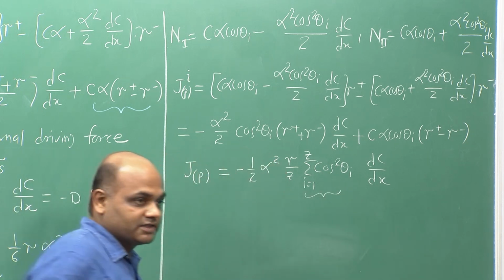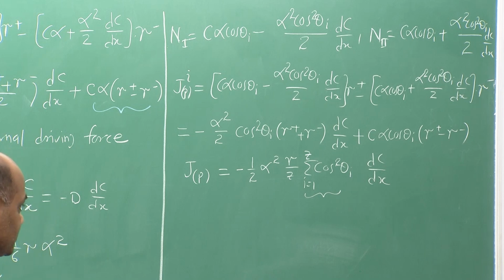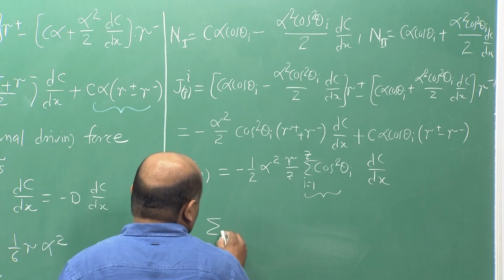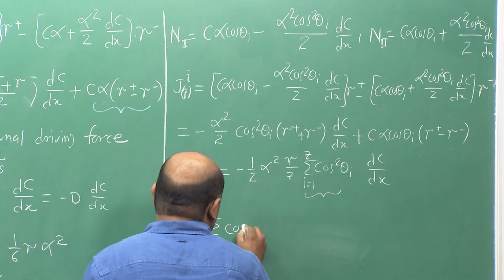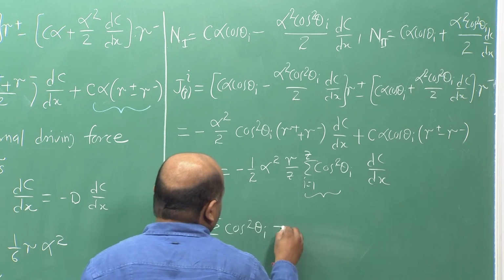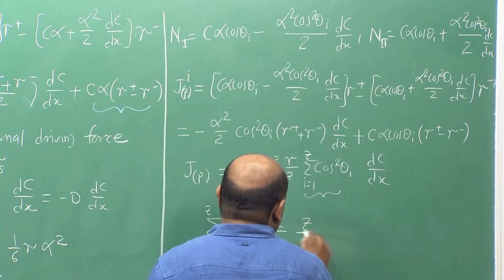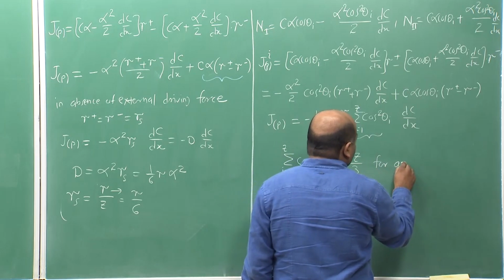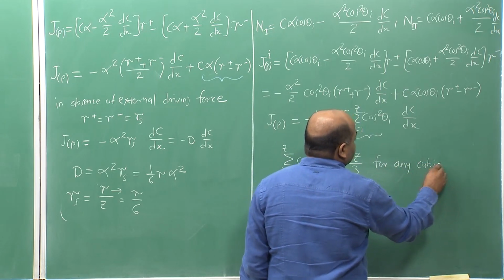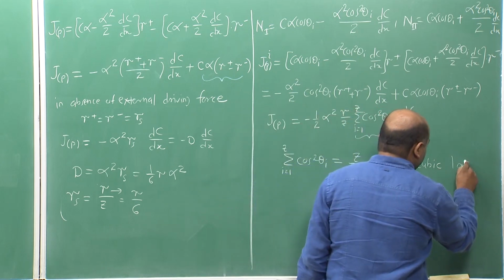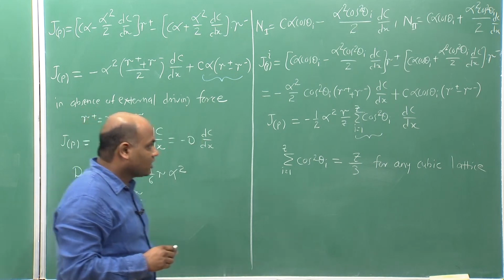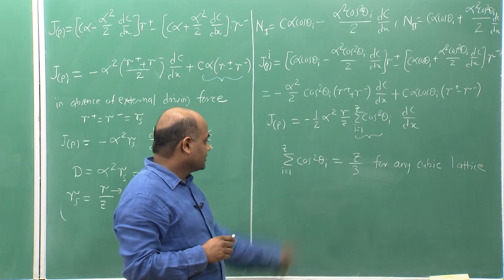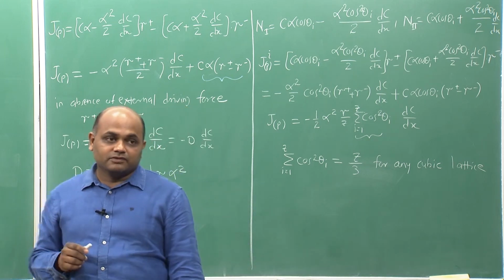We need to evaluate this summation of cos square theta I over all possible jumps 1 to z, and you will find that if you do that for BCC or even FCC, this will be z by 3 for any cubic lattice. This we will solve as an exercise in the next lecture, showing that sigma cos square theta I is equal to z by 3.